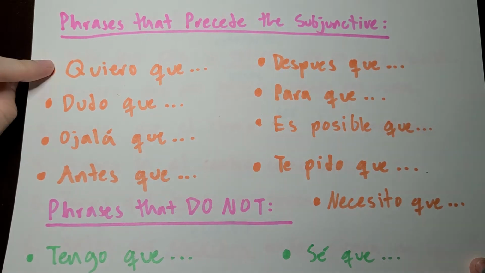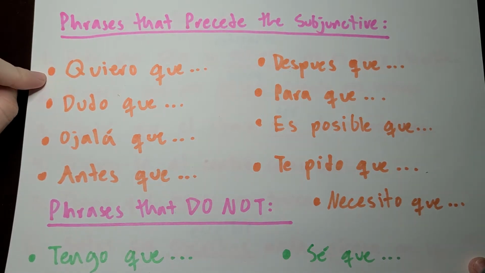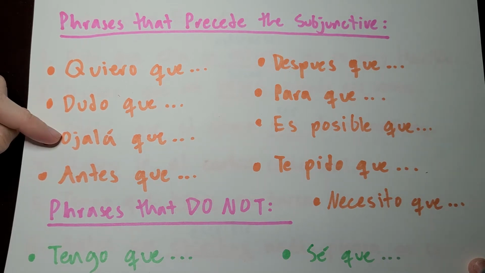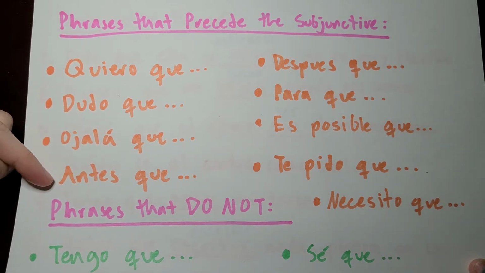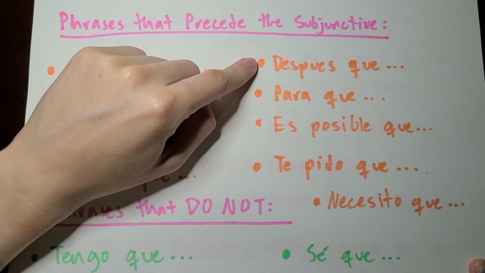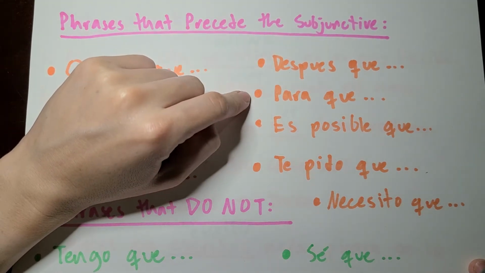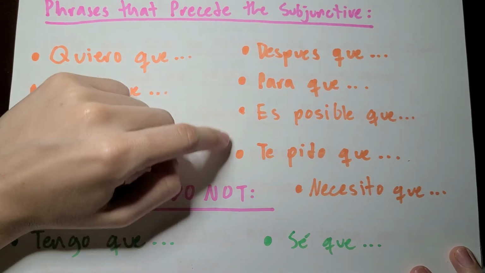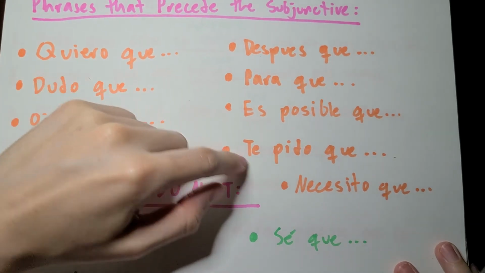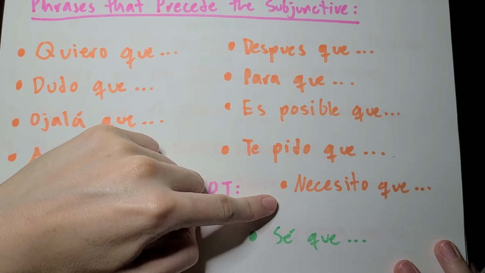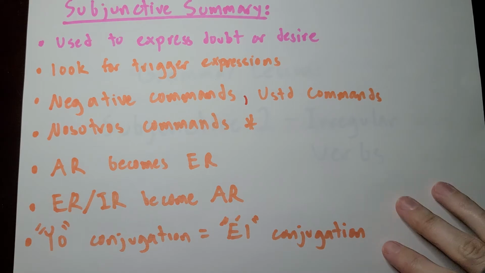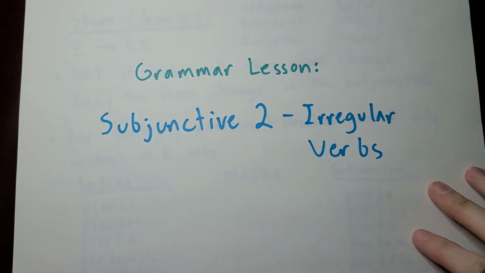These phrases include quiero que, I want that, dudo que, I doubt that, ojalá que, hopefully, antes que, before, después que, after, para que, in order that, es posible que, it's possible that, te pido que, I ask you that, necesito que, I need that. Okay? Alright. So let's get into our examples.